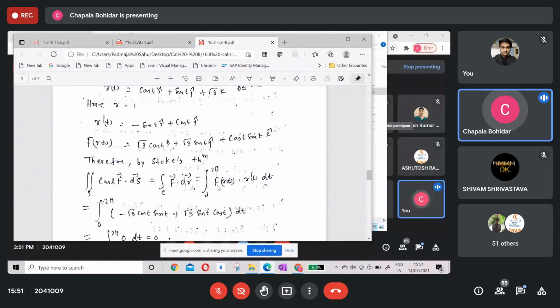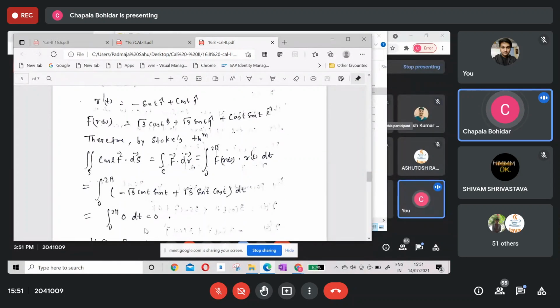By the dot product I'll get this value dt. Okay, this cancels out, and we get 0. So the integration from 0 to 2 pi of 0 dt, I'll get 0.